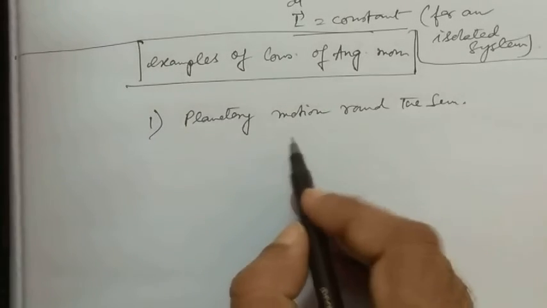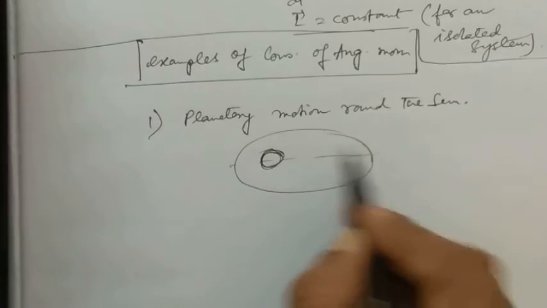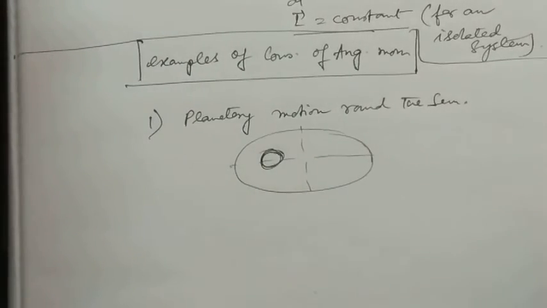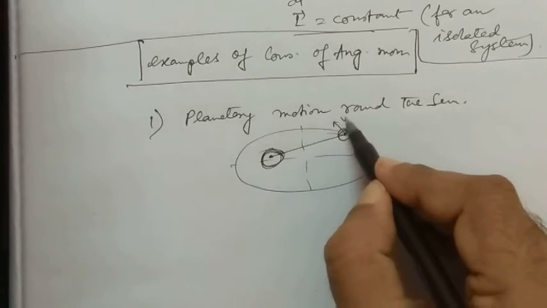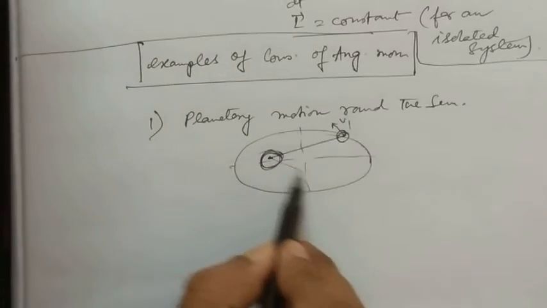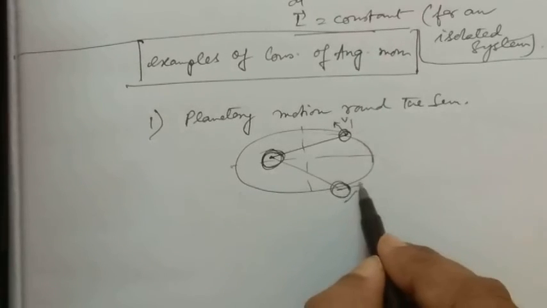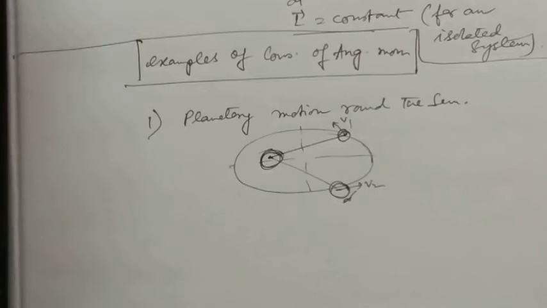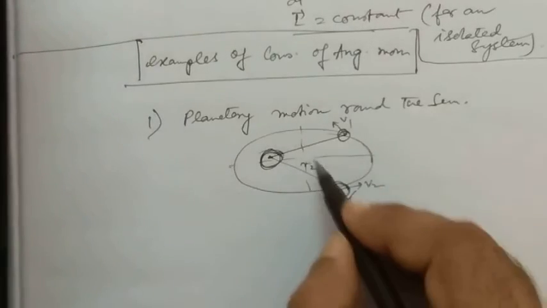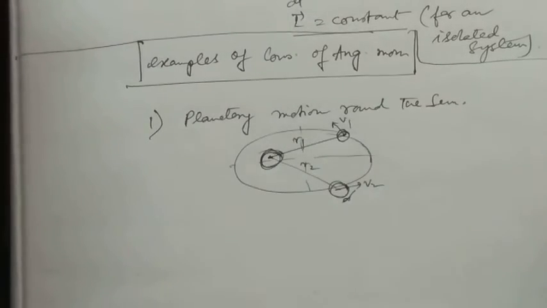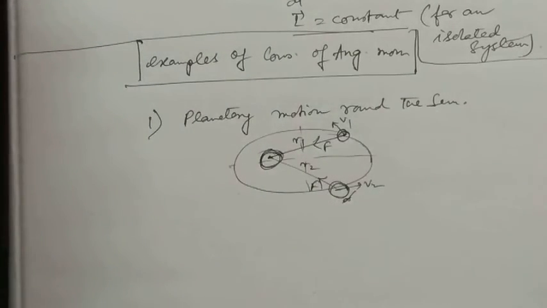If we take this as the sun and the planet is rotating, let this point have a velocity v1, and at another point here the velocity is v2, tangential. r2 is the distance between the sun and the planet, and r1 likewise. F is the centripetal force.